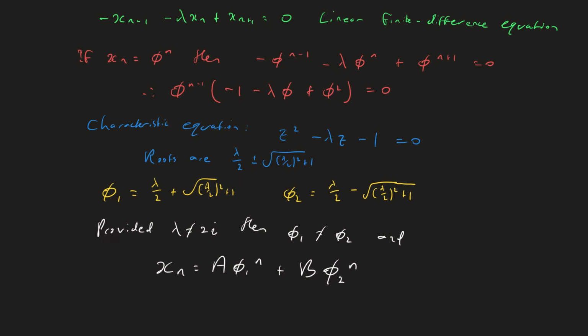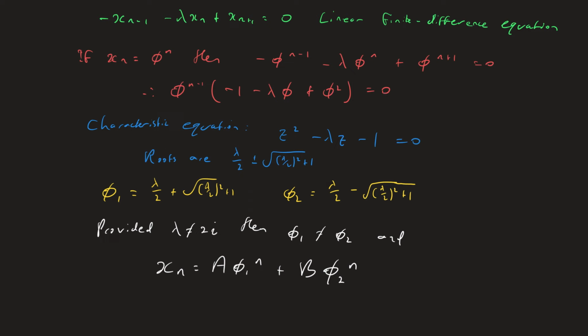We fix a particular integer n, so to speak, and we can factor out the term phi to the power of n minus 1, and if we factor this out, then this becomes negative 1 minus lambda times phi plus phi squared. And if this is true, then this has to be true.